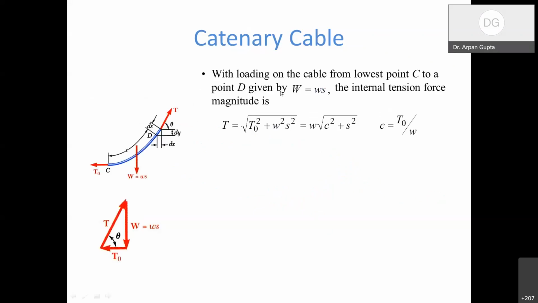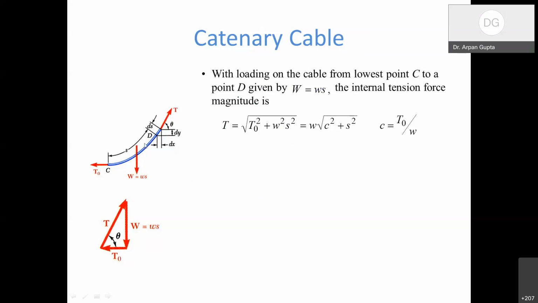Now if we consider the loading of the cable, the same story, we consider the lowest point to an arbitrary point D. Again you have T naught, you have T, but now the load acting is w times s, where s is this arc length, or path length.